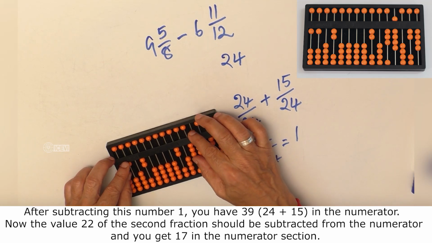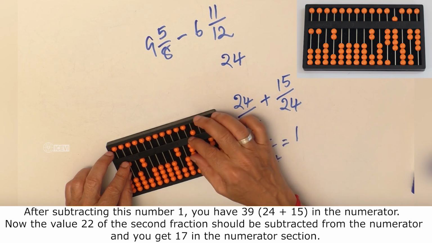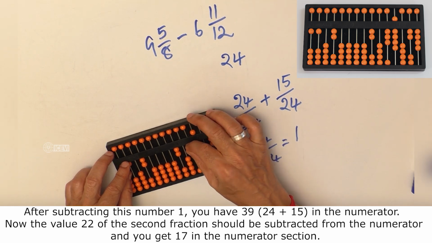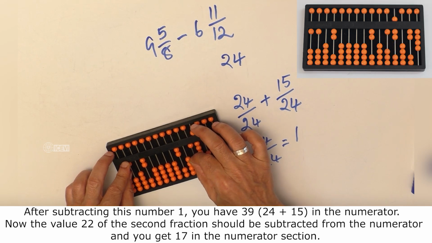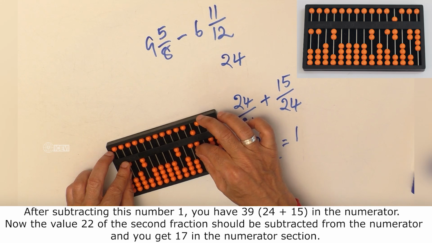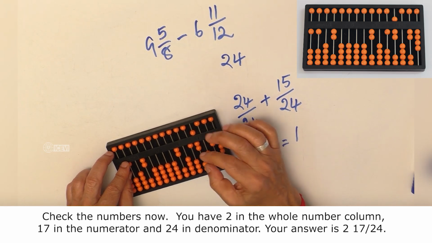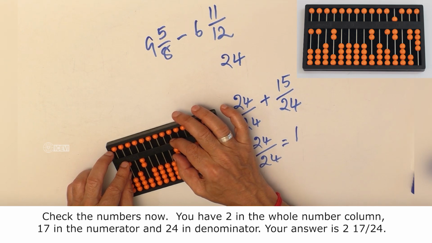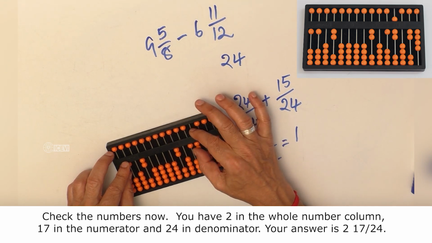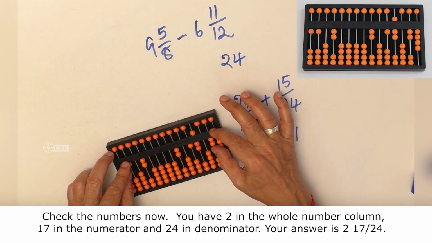Now the value 22 of the second fraction should be subtracted from the numerator and you get 17 in the numerator section. Check the numbers now. You have 2 in the whole number column, 17 in the numerator section, and 24 in the denominator section.